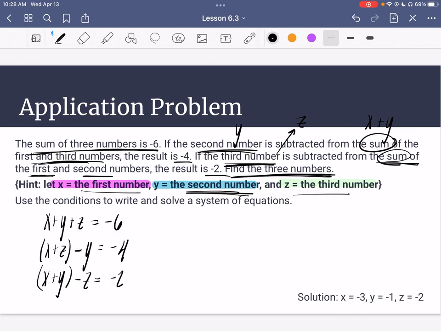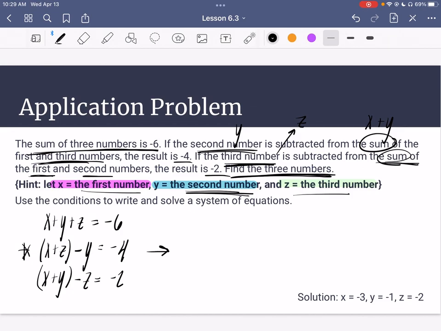Now, before I go on to solve these, I do want to rearrange them a little bit just to make sure that I have the x's, the y's, and the z's all in the correct order and placement. In the first equation, I'm good to go. The last equation is good as well because I have x, y, and then z. It's the second equation that I need to rearrange.